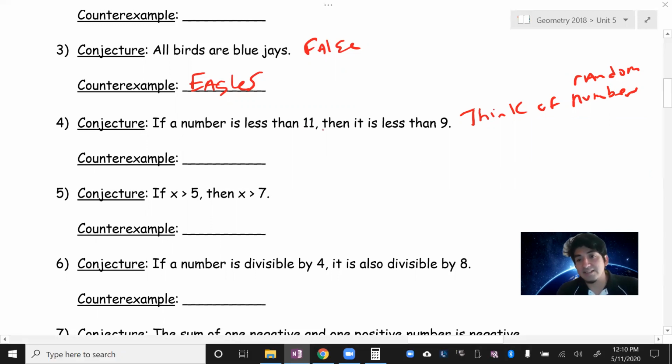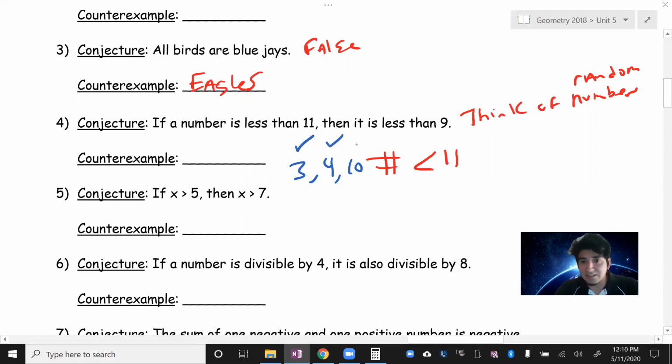So that's less than 10. So a number that's less than 10, I'm going to be thinking maybe like, let's go with 3, 4, and then I'm going to say 10. Then it is less than 9. So that means for 3, that's true. It is less than 9. For 4, that's true.